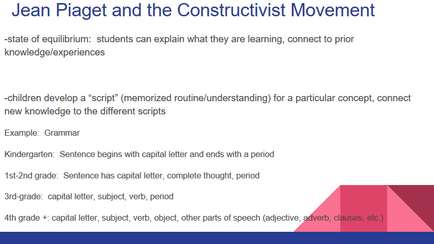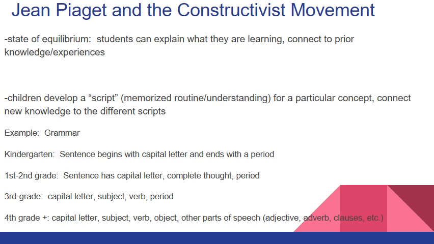Then after that, your third grade teachers expanded on that knowledge by explaining that yes, you have a capital letter, you need a complete thought, but within that complete thought, a way to tell if it is complete or not is whether it has a subject, a person, place, or thing that does the action, and whether or not the sentence has a verb, or action.